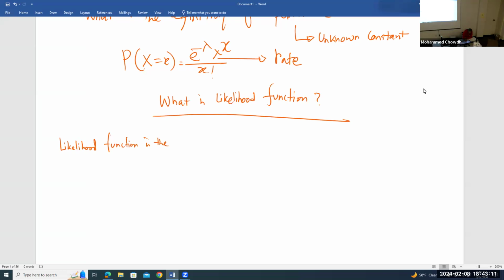So likelihood function is the joint probability mass function or joint probability density function.